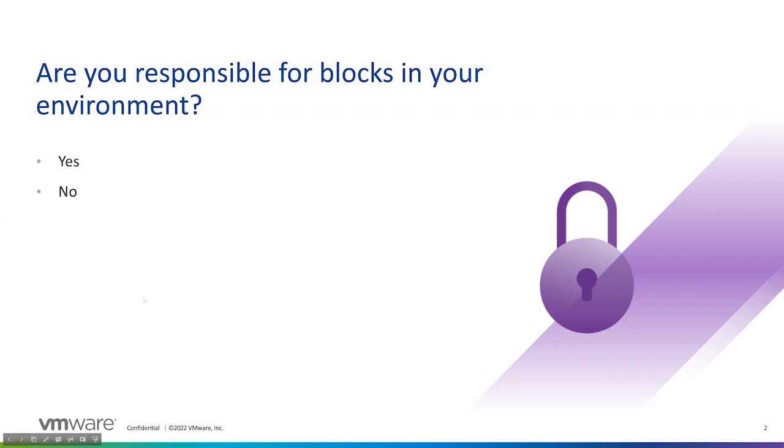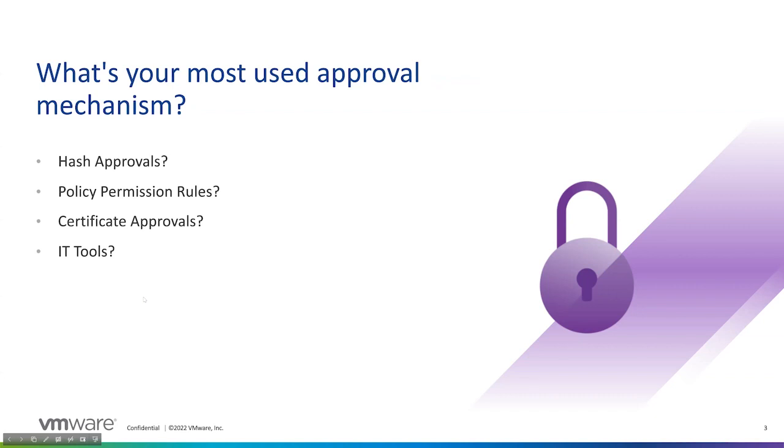All right, so we're going to throw up the next question for you guys. What's your currently most used approval mechanism out of the four main ones? Hash approvals, policy permission rules, certificate approvals, or are you utilizing IT tools?